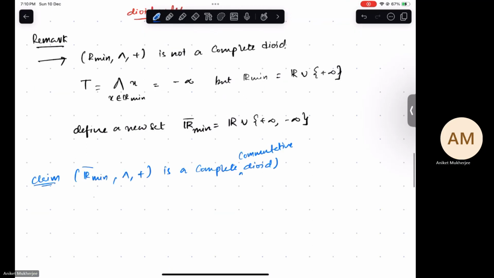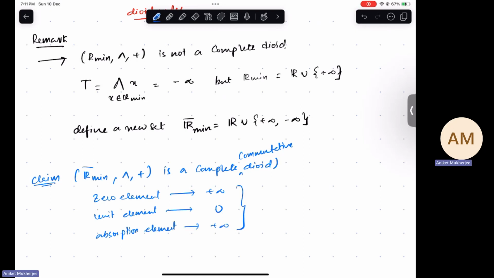Where the zero element is plus infinity, unit element is zero, and absorption element is also plus infinity. Now the top element that we are defining is minus infinity, right?